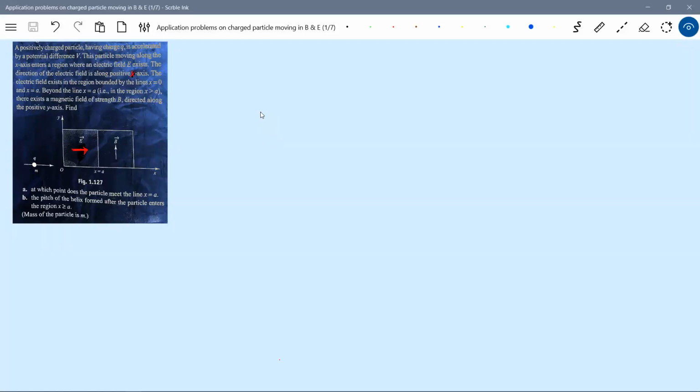I think we are bringing in both electric and magnetic fields. The question is very simple. You only have to get back to the basics of motion of a charged particle in electric and magnetic fields.